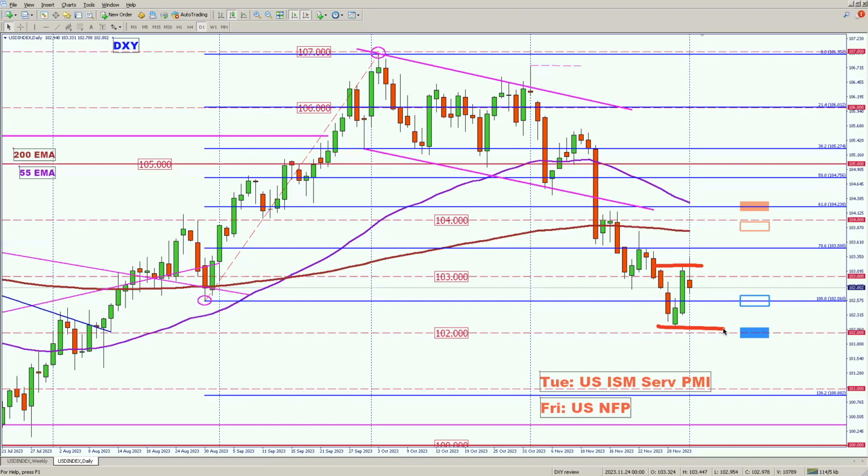So let's see if it's just going to consolidate for this week, or whether it's able to break out higher, at least to test the daily 200 EMA.